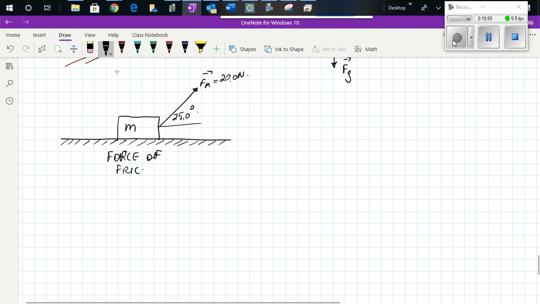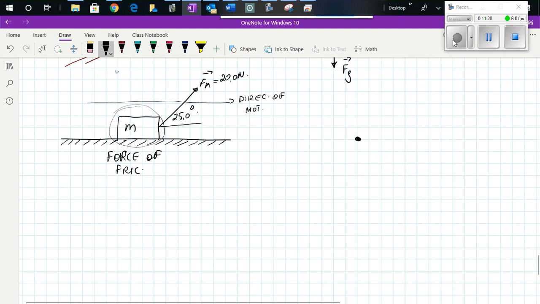So now when we are drawing the free body diagram, we'll replace the object of interest with a dot. This dot is representing this object here that is on the surface. This is what we are interested in. We have to add here that the direction of the motion is, let's say, going east.